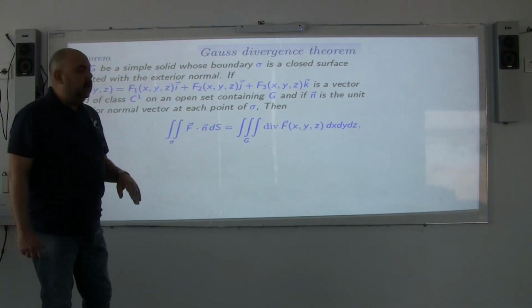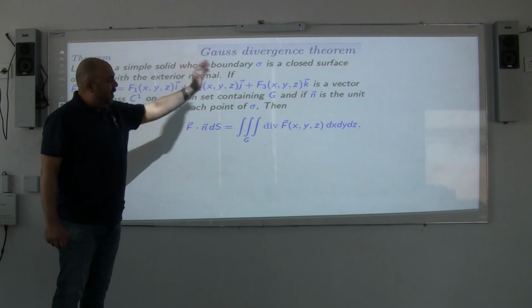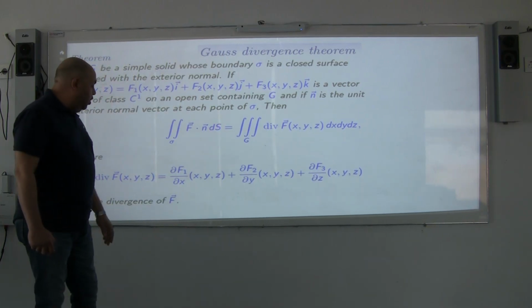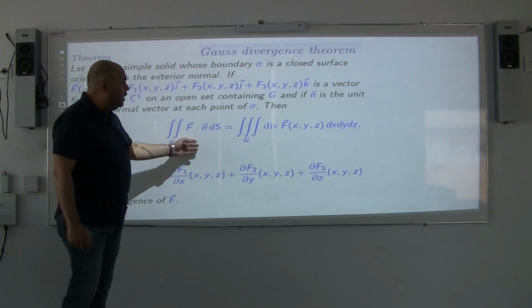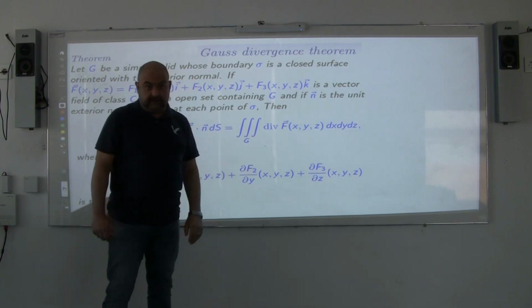All I have to do is take the derivatives of these components with respect to X, Y, and Z, adding them together in this manner. This is the divergence of F, and then substitute and evaluate the triple integration over this region.